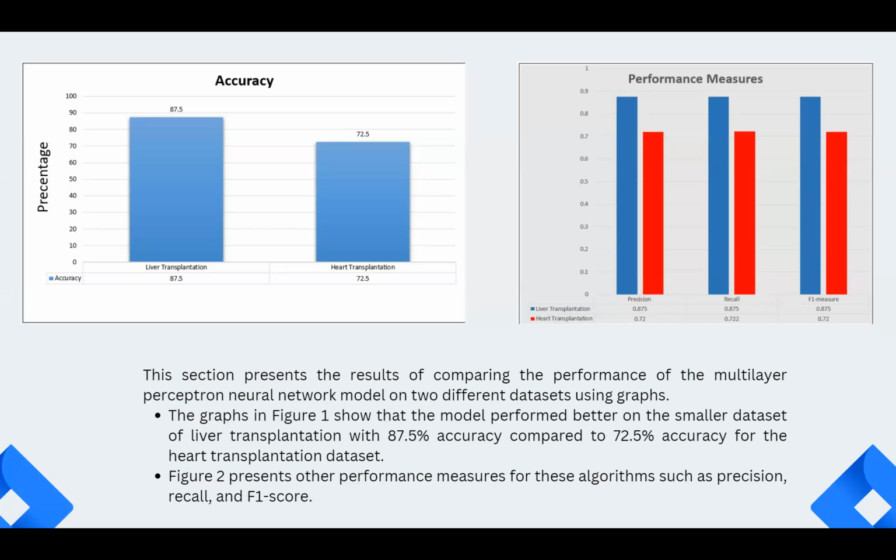Graph 1 shows that the multi-layer perceptron neural network model outperformed with 87.5% accuracy for the smaller data set of liver transplantation and 72.5% accuracy for the heart transplantation data set. And the third figure shows the other performance measures of these algorithms like precision, recall, and F1 score.